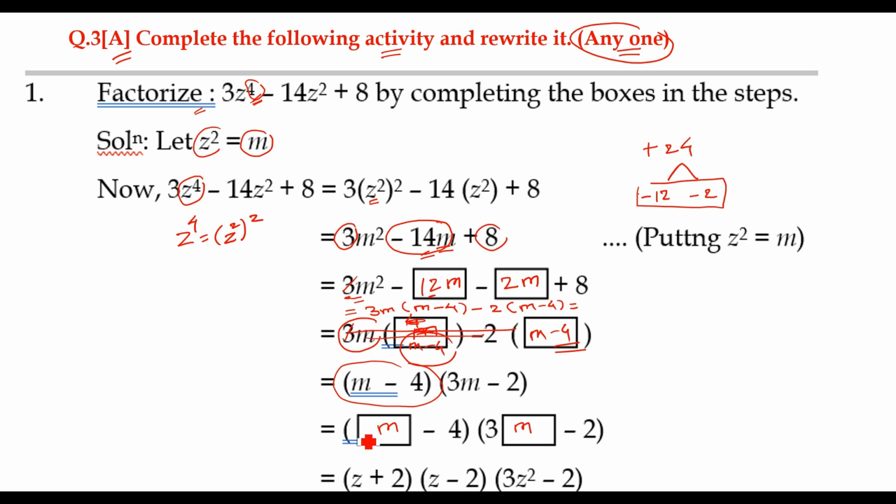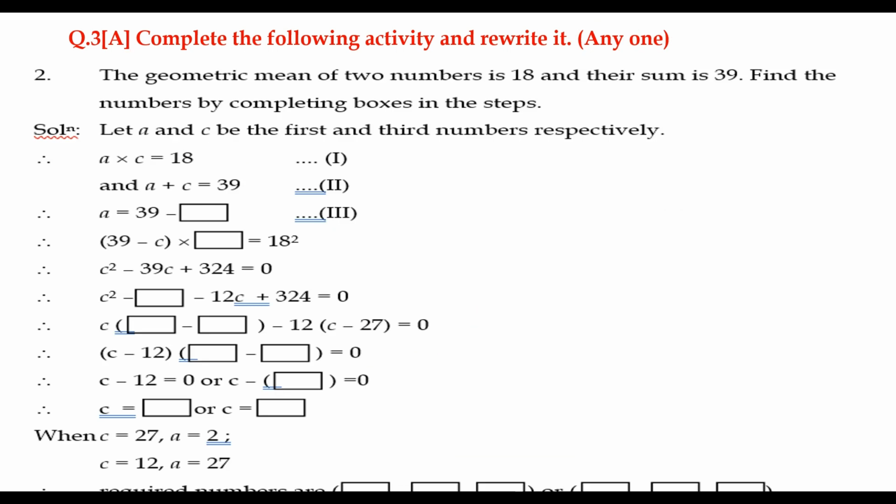And again if you resubstitute z square for m, then this will be our final answer. So in the boxes these steps will appear, that we have here m minus 4 and 3m minus 2. Again resubstitute to get the answer.